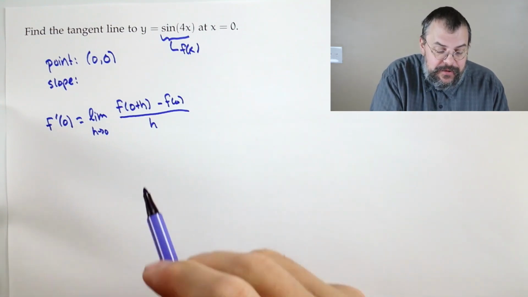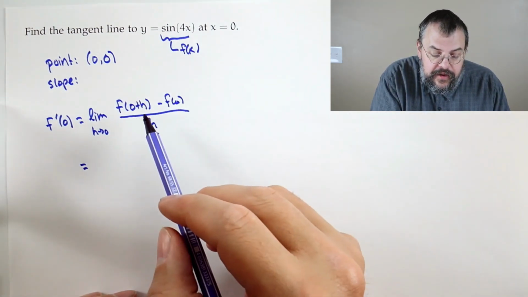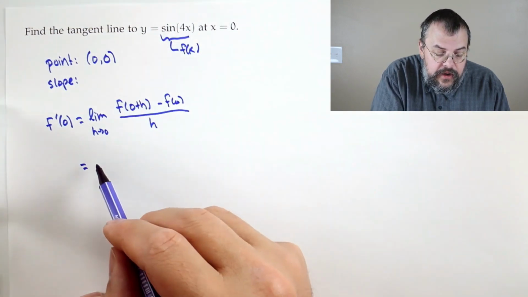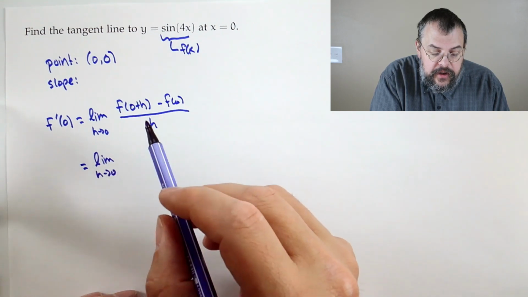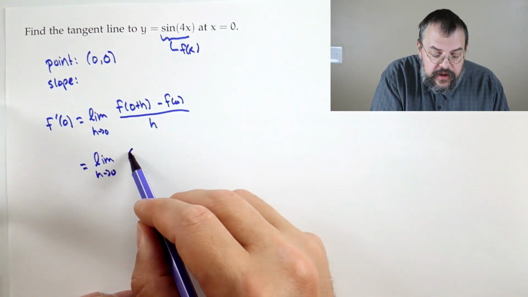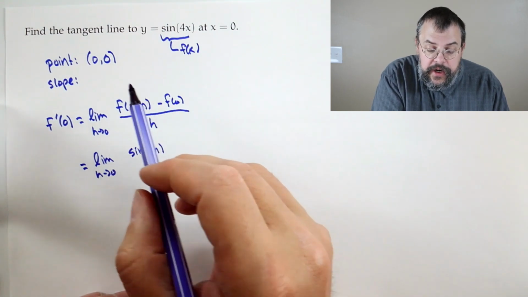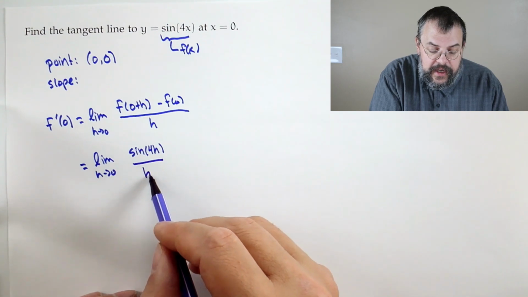I've got the definition. So now we're going to replace our inside, we're going to plug it into our function. So limit as h goes to 0, plug h in, we'll get sine of 4h minus f of 0. Well, we already computed f of 0 to be 0 all over h.